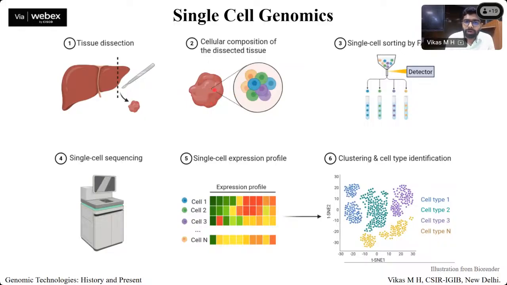In a normal scenario, I would directly isolate DNA from the whole of these cells. But now I would sort them using FACS, based on their morphology or their size, or some kind of dye that I'm able to put, and sort these cells into different types.